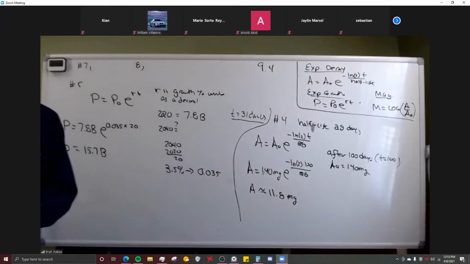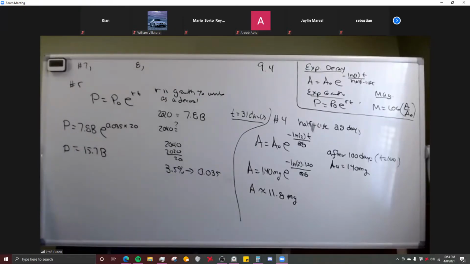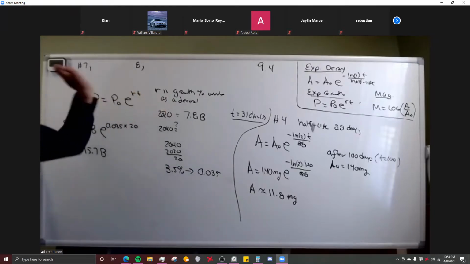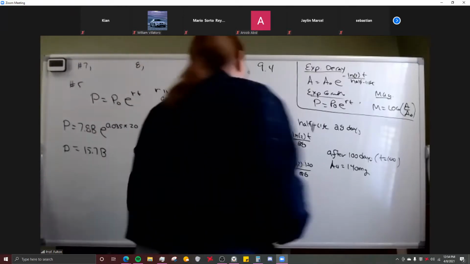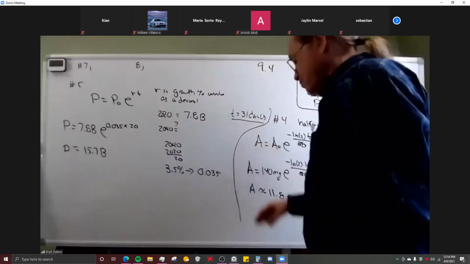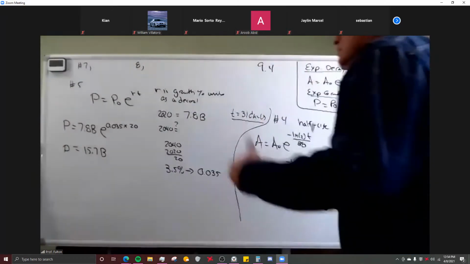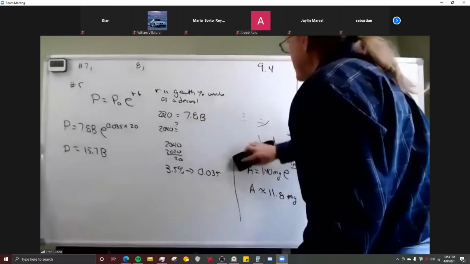Luckily, we don't grow at that rate. The world grows at a little over 1%. That would be a tremendous growth rate. But that's why some people are concerned about populations growing too rapidly, because it could cause problems with resources not being available.